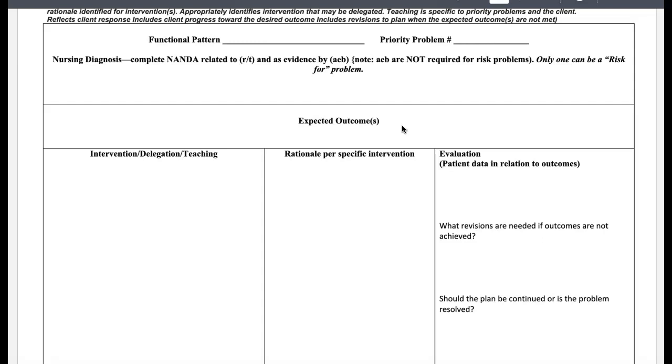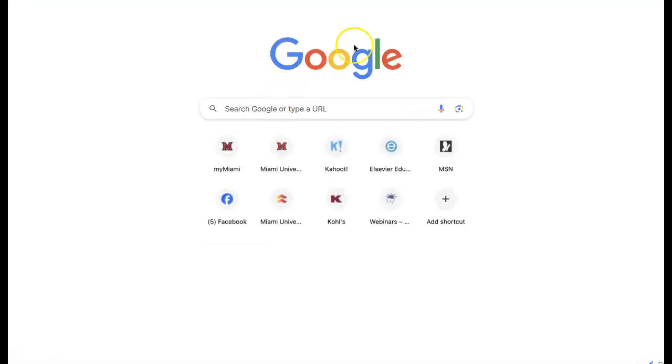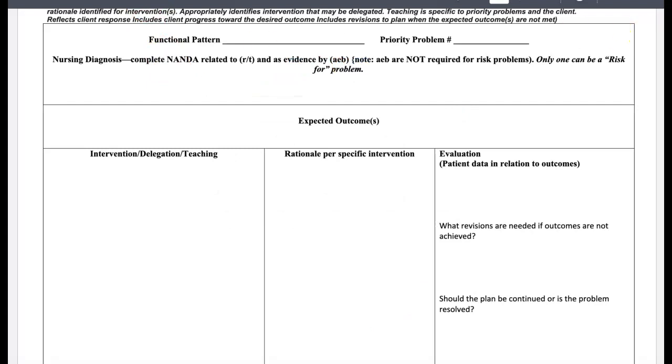SMART stands for specific, measurable, achievable, relevant, and time bound. Sorry, I just clicked off of that accidentally, so let me repeat that one more time: specific, measurable, achievable, relevant, and time bound.